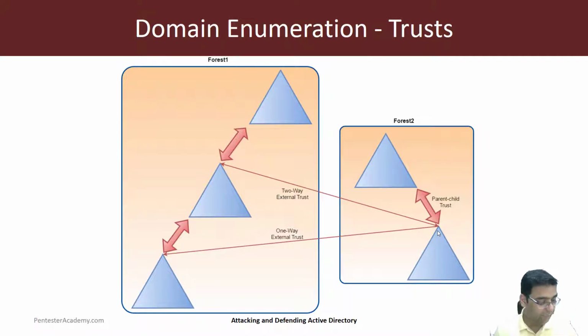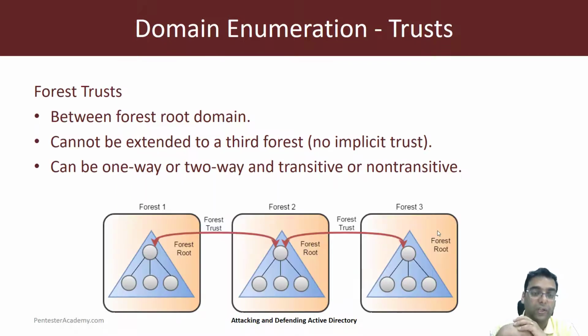The next type of trust is a forest trust. Now, forest trust is established between root domains of a forest, right? For example, here in this diagram, we have forest 1, forest 2, and forest 3. And if there is a trust relationship between roots of these forests, it's called a forest trust.